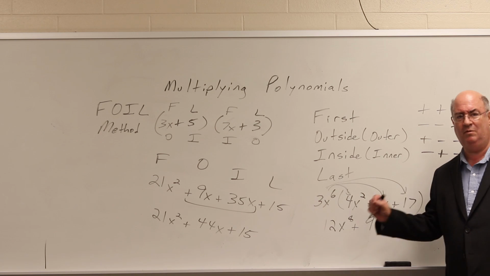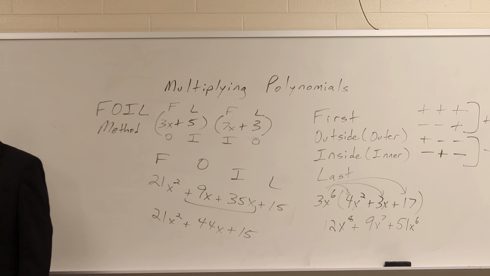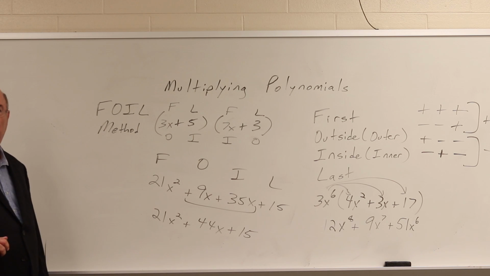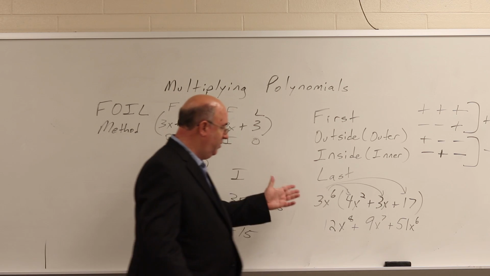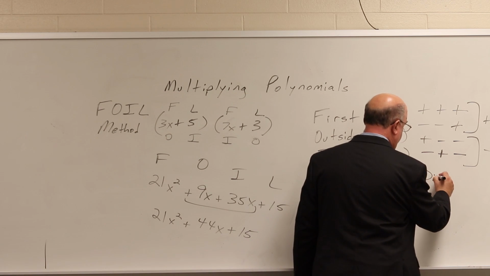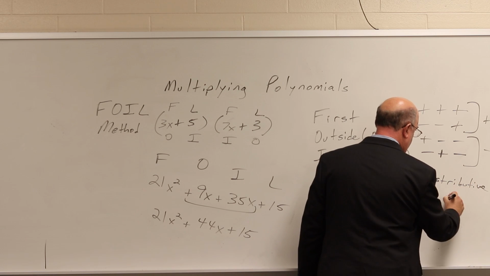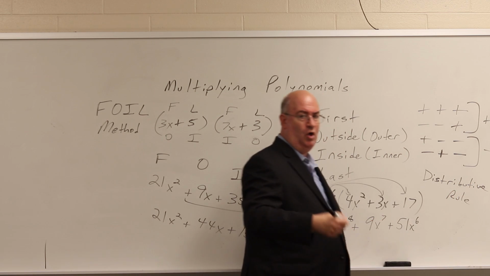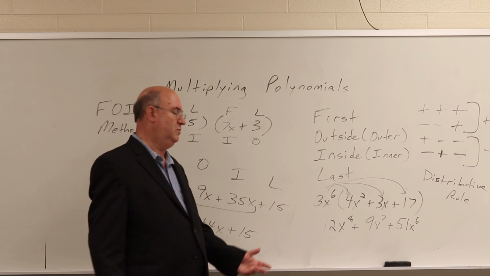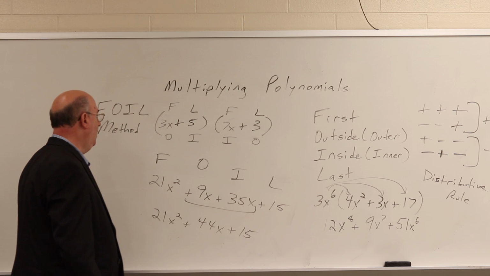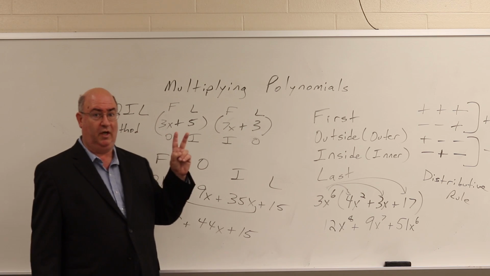You just erase it and keep going. Nice and easy, right? So that's foiling, distributive rule, distributive property, whatever you like calling these things. Rule, law, property, they're all the same thing. Combine, group, collect like terms, they all mean the same thing. So this is multiplying polynomials two at a time.